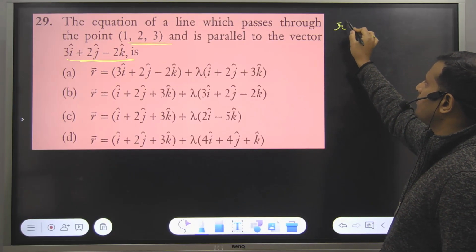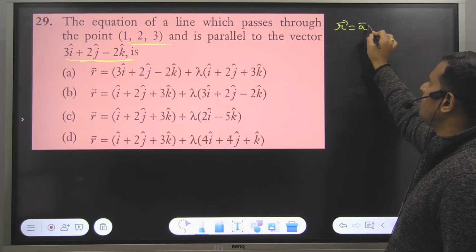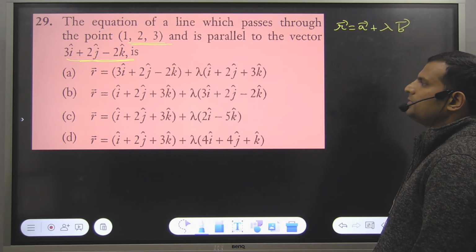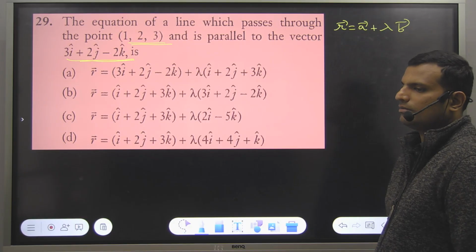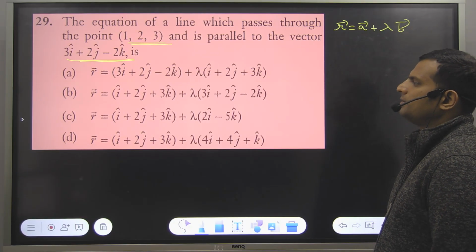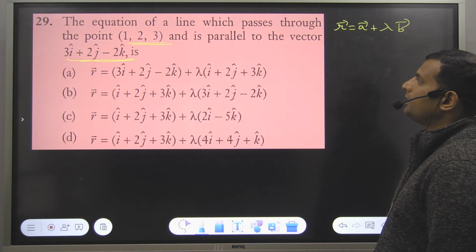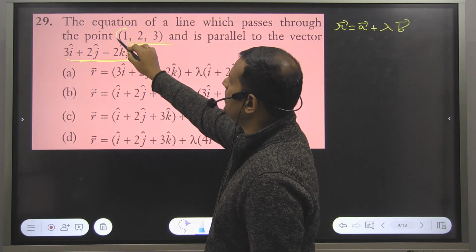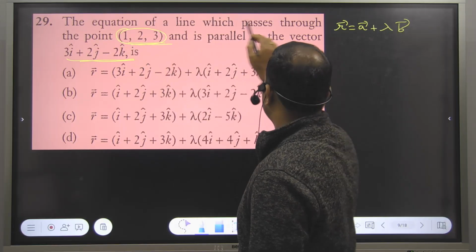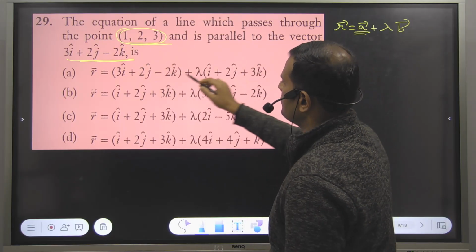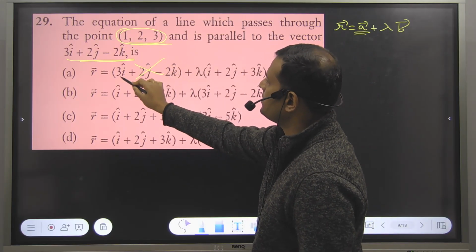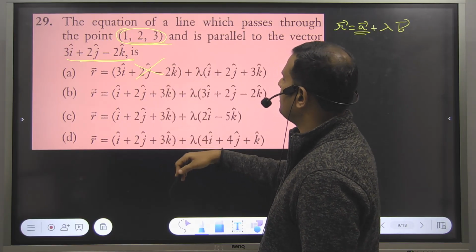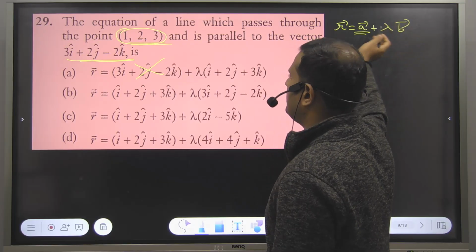Can you tell me what should be vector A, what should be vector B? Vector A should be which one? Fixed point or direction? Vector A is the fixed point. So 1, 2, 3 must be A. So this is gone because they are saying A is something else. So one of these. Now lambda into B.